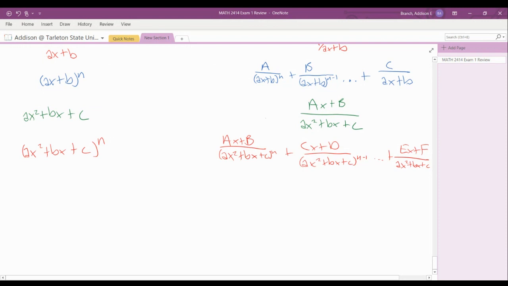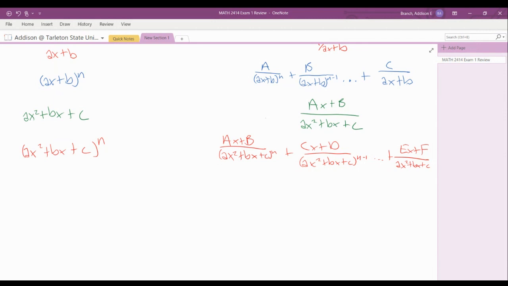And now you can continue this pattern, like if you have a cubic factor that you can't break down or just any bigger power, you can do the same format. You just know that the numerator, when you do your decomposition, is going to have to be one less than the power that you have in the denominator.